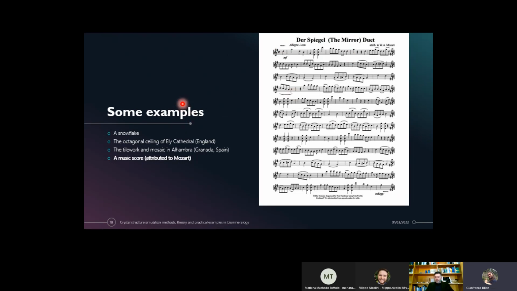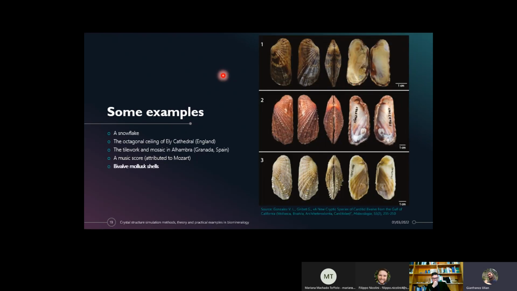It is attributed to Mozart. It is funny, but actually it is symmetric. Obviously, in nature, let's take an example from marine biology, bivalve mollusk shells. You can see here they are symmetric. There are mirror planes. Okay, they are specular.